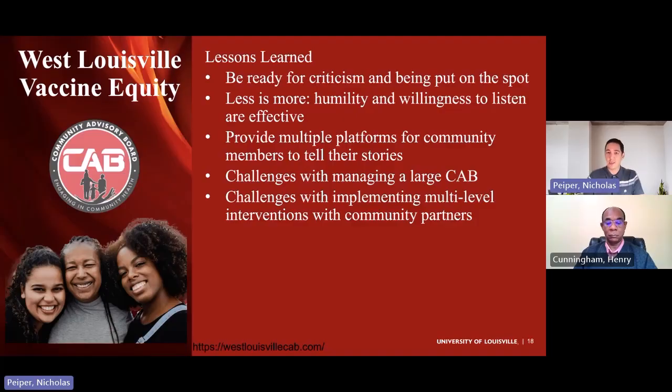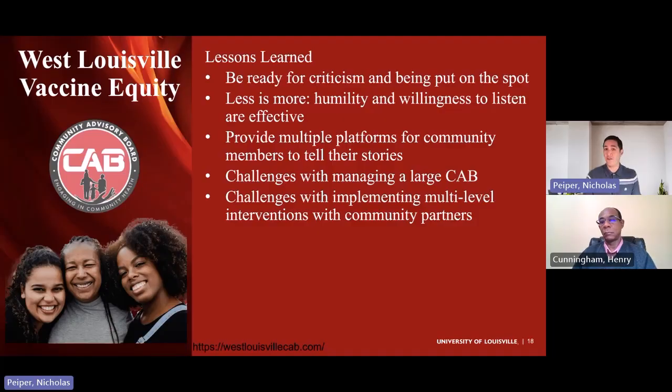And then logistically, just implementing multi-level interventions with community partners can be very difficult when you get down to it. So having to work with CAB members and their schedules to conduct those interviews, making sure that we were scheduling everything and coordinating everything properly with all of the various entities at Norton.